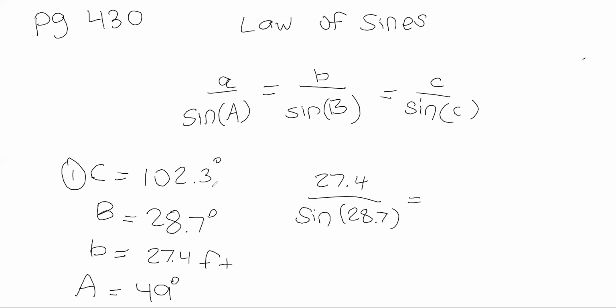And then we don't have side length c, but we do have angle C. So from here, we just want to multiply both sides by the sine of 102.3, and then evaluate, and then we have our side length.